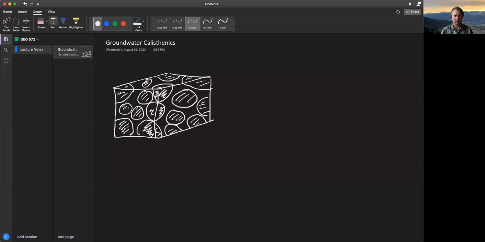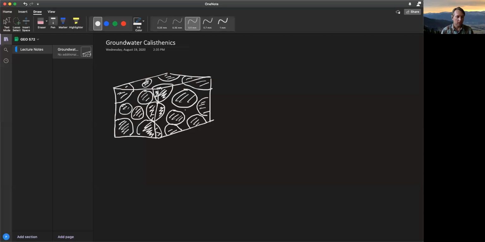I'm doing that because the act of drawing porous media forces you to visualize it in your mind and to conceptualize it. And I think there's a lot of power in the act of writing and drawing in forcing you to think about what's going on and to remain engaged in the lecture. And the nice thing about the recorded video now is that you can go back or pause it if you need more time to draw.